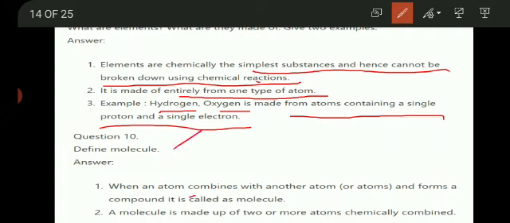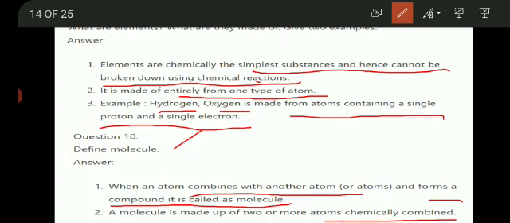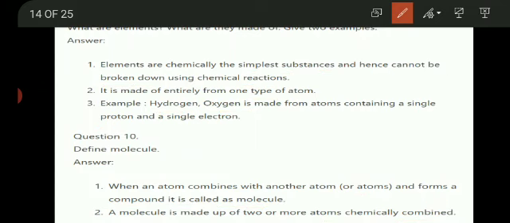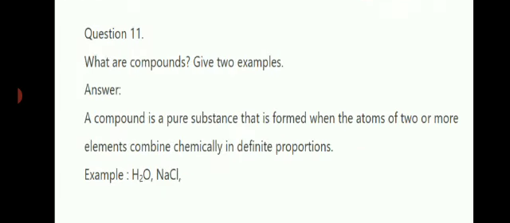Define molecule. When an atom combines with another atom and forms a compound, it is called what, students? Molecule. A molecule is made up of 2 or more atoms chemically combined. This is called molecules. Next, question number 11. What are compounds?